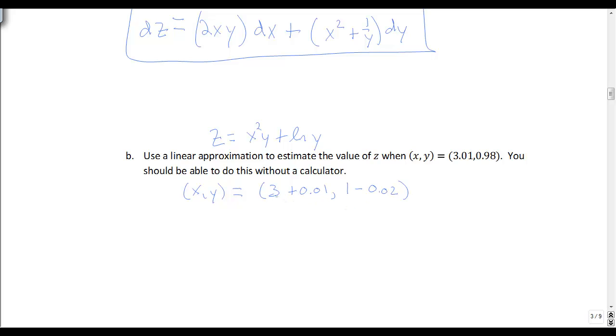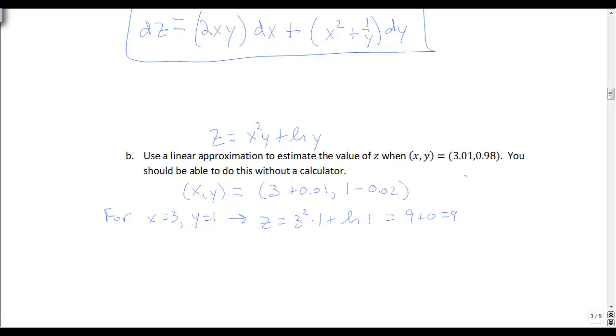So if I plug in x equals 3 and y equals 1, what I get is z is 3 squared times 1 plus natural log of 1, which is 9. Natural log of 1 is 0. That's just 9, so I can do that by hand. So I expect that when x is 3.01 and y is 0.98, I can find z to be something like 9, but we can do better than that.